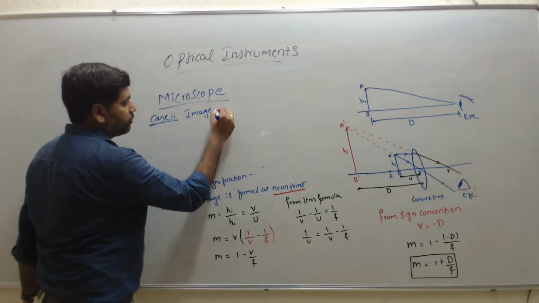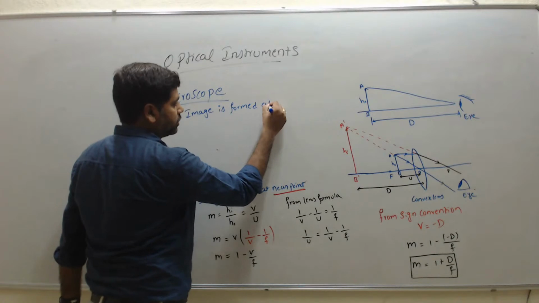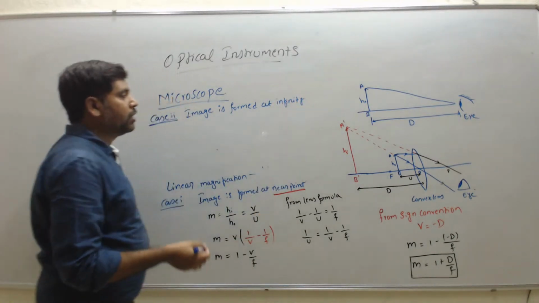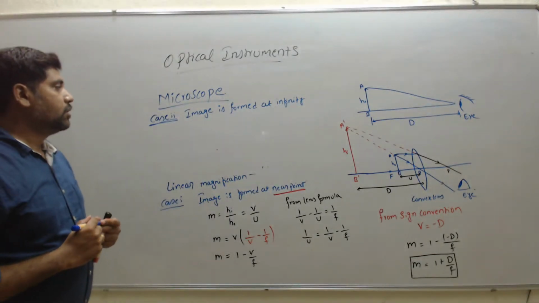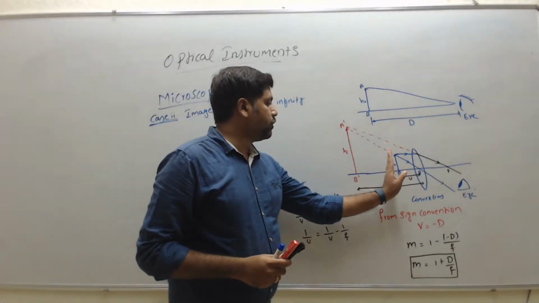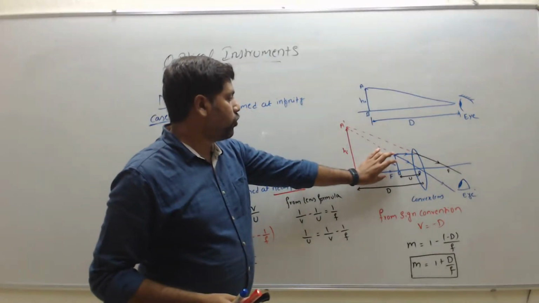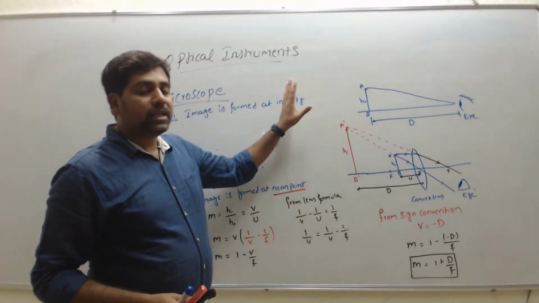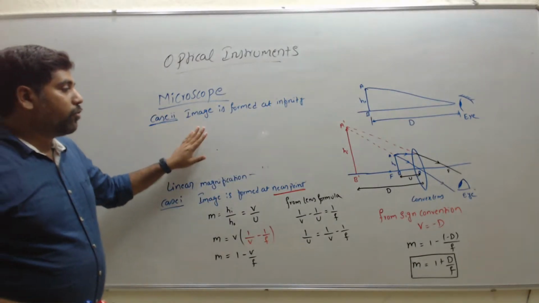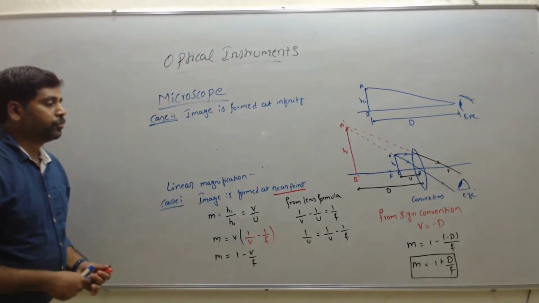In the second case, the image is formed at infinity. We get the image at infinity when the object is placed at the focus. If we place the object at the focus, then we get the image at infinity. So this is the second case. When the object is at the focus, we have to calculate the magnification.